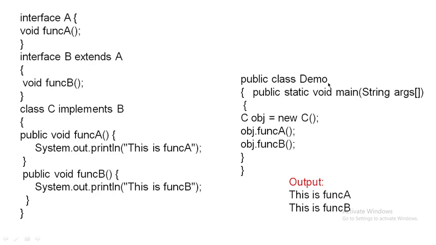Now public class Demo, with public static void main, I have created a class where I call these abstract methods of the interfaces. For that, I create an object of the class where I implemented them: C object = new C(); object.functionA(); object.functionB().